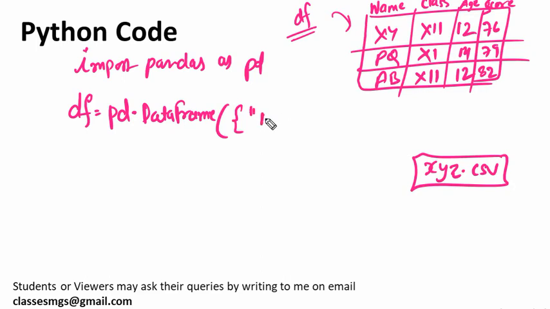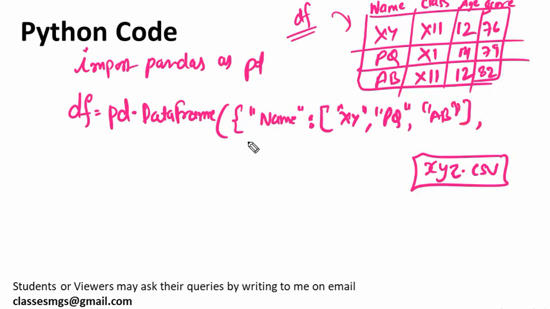I am using name as a column, and then I will pass this data as a list: xy, pq, ab. Okay, and then now your class, and then you will pass XII, XII, XI, okay, like this. And then age.